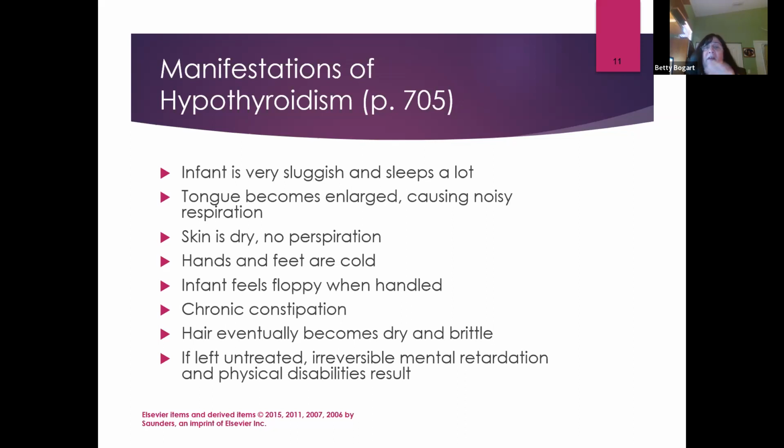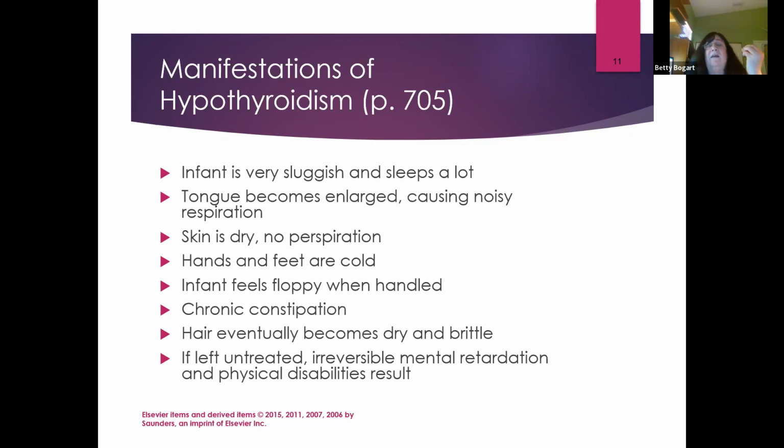Their tongue gets big, and they start making this little noisy respirations. As I said, their skin is dry, okay? You're going to see their feet and their hands are going to be cold, and they're not going to have good muscle control, so they'll be floppy. I mean, even in hypothyroidism in the adults, constipation is one of those top of the list things. So same thing, the hair, dry and brittle.